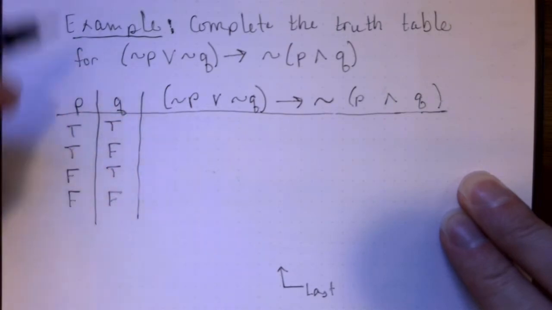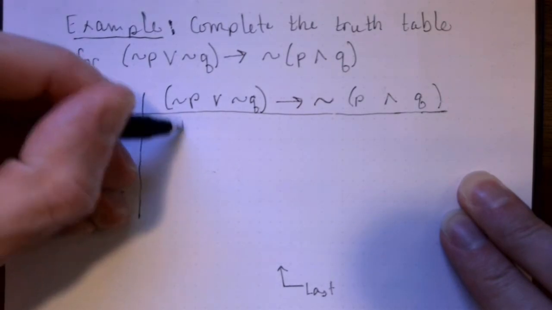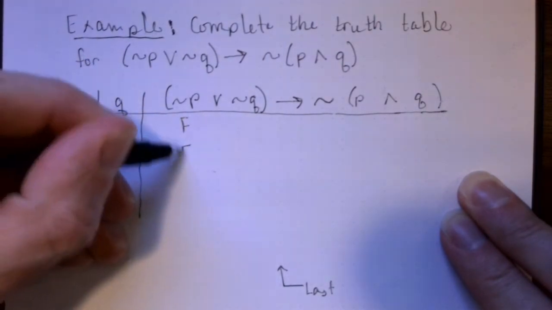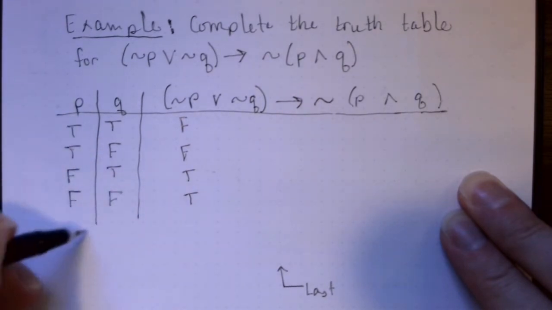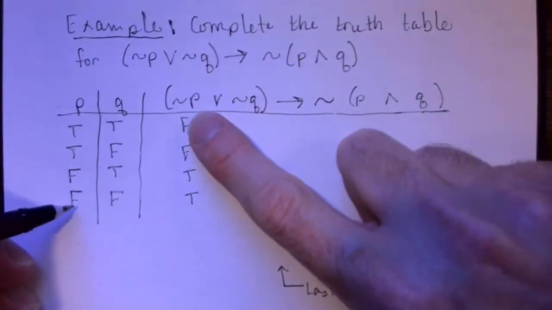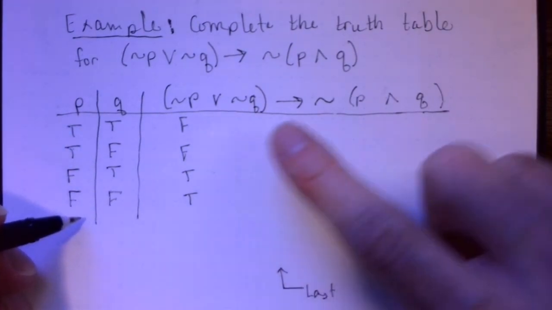Not P. That's going to depend on the truth values of P. So I'm looking at this column over here, and since I had a negation, I'm going to do the opposite truth value of whatever I had here.